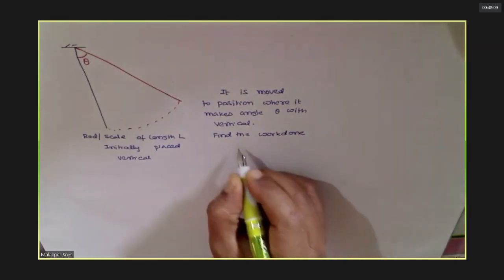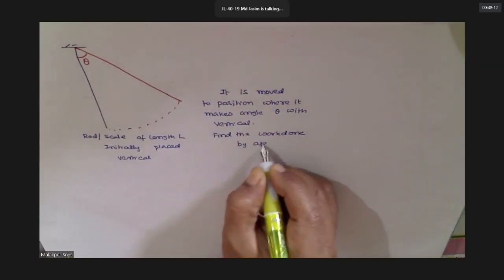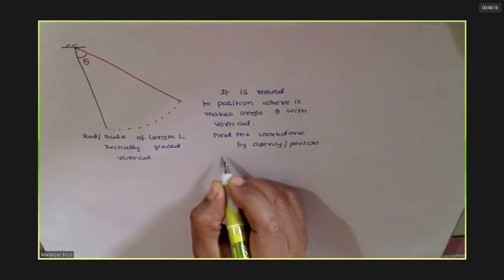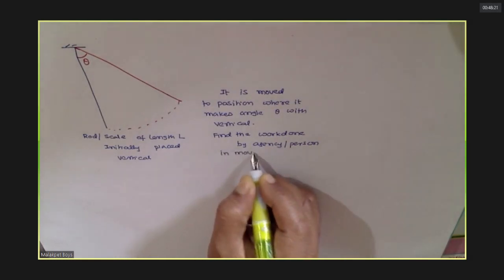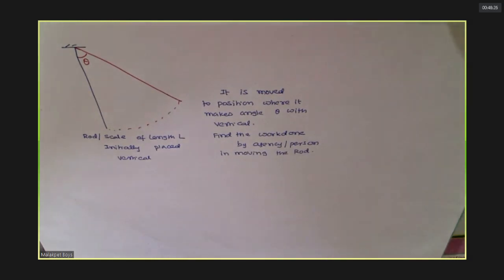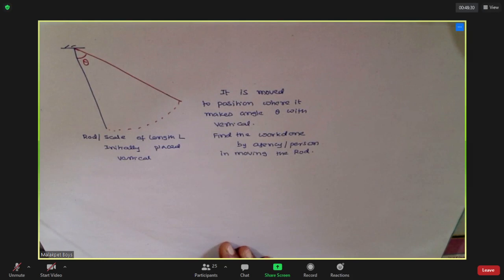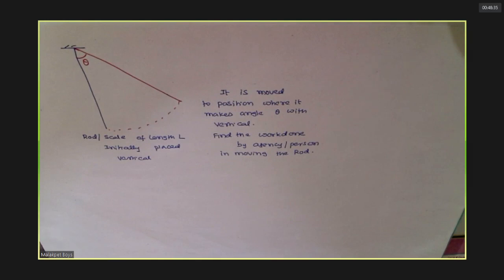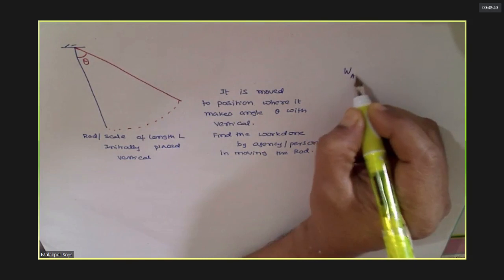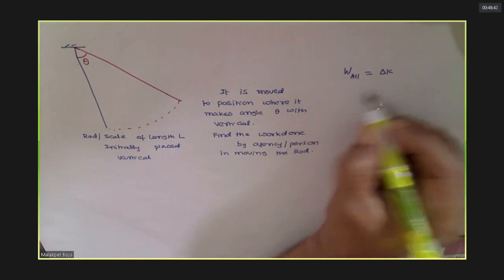Who does work? The person, whoever moves it, the agency, meaning some person or something. We don't know what force is applied by the person, whether it is a machine or anything; no information about the agency is known. In that case, the best thing is to use work done by all forces equals change in kinetic energy.